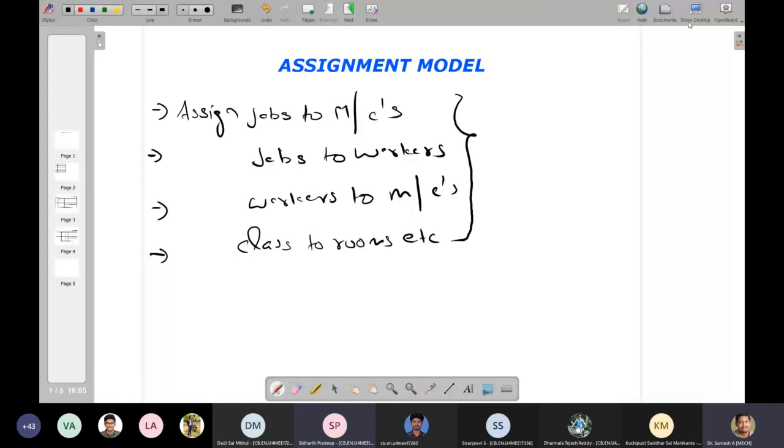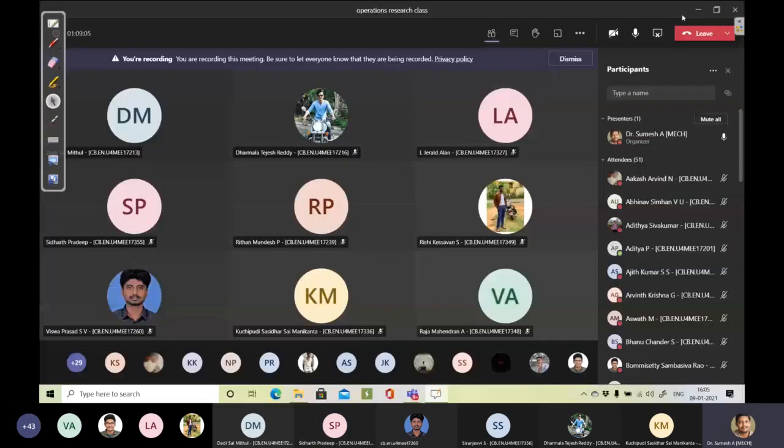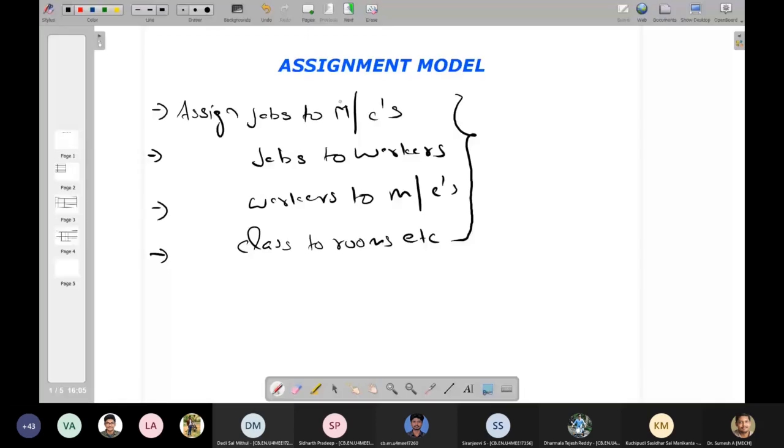We are assigning jobs to machines, so what will be the condition in assigning jobs to machines, or assigning jobs to workers? If you are assigning jobs to machines, it means less work for the workers.